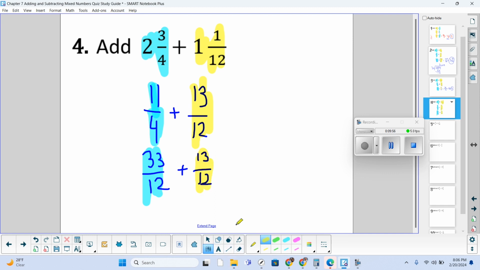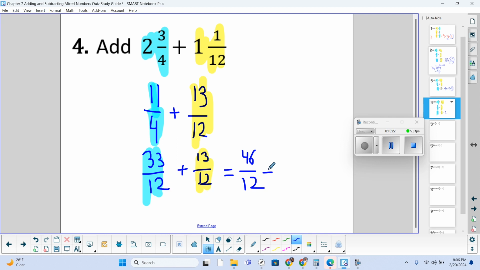So when I add these together now, I will get the following. So 33 plus 13 is 46 over 12. Sorry, 12 is the denominator. So 46 over 12.